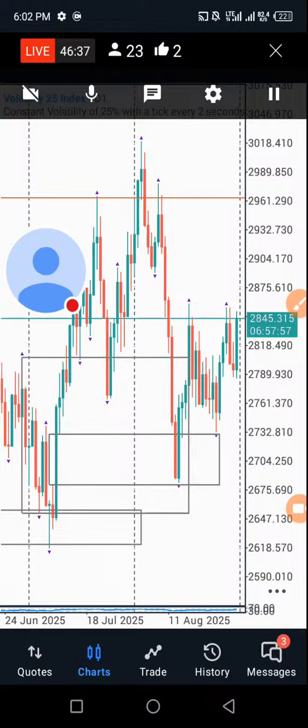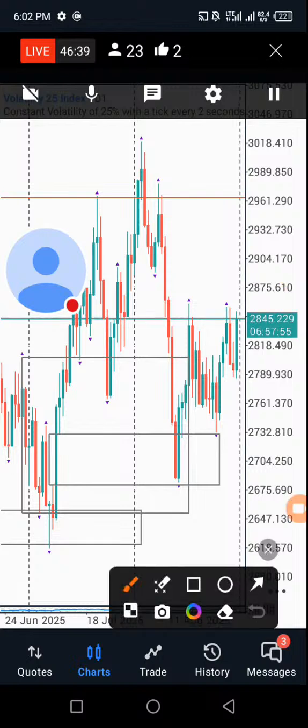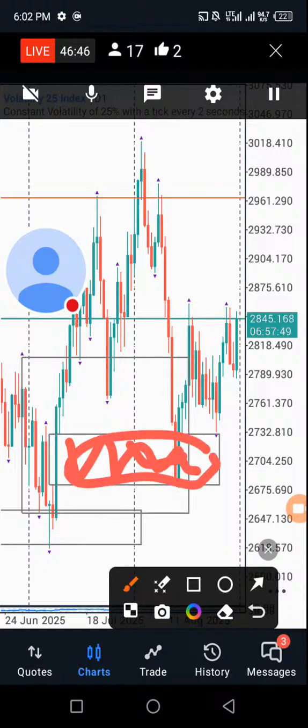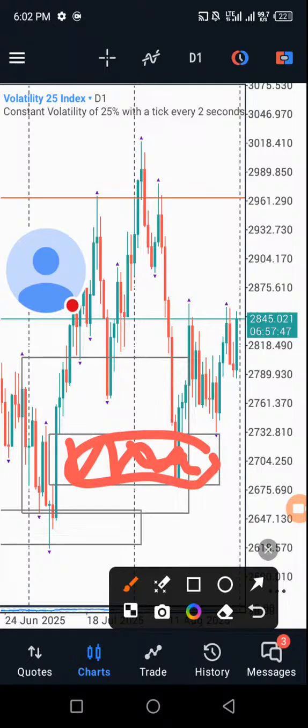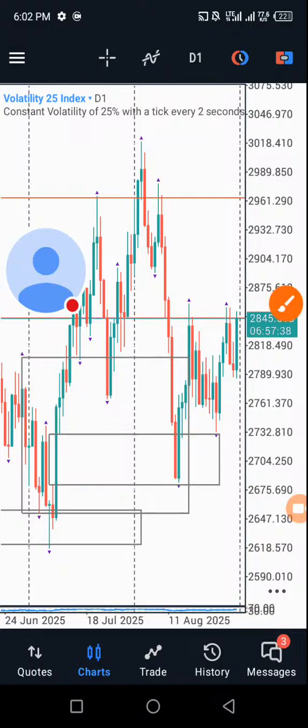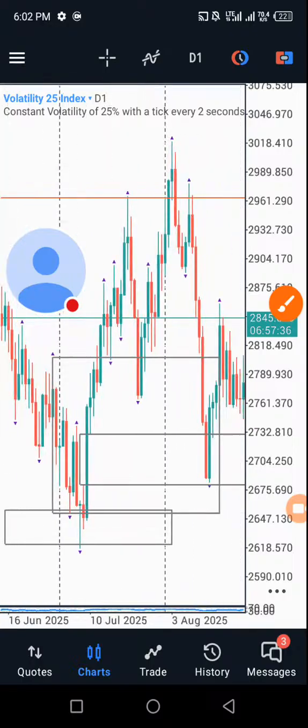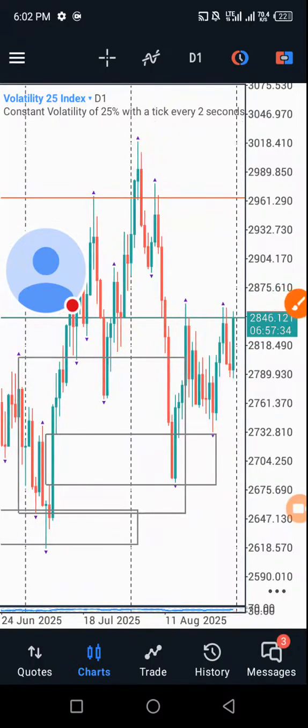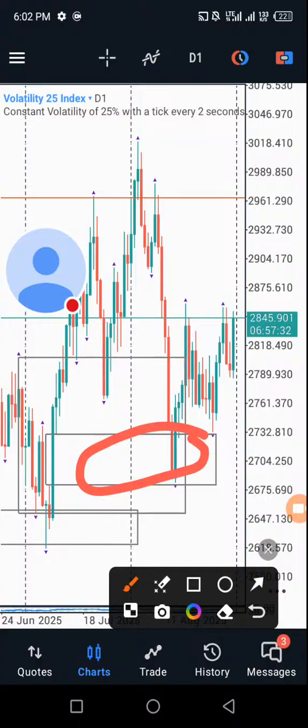Can you see that? Price came to fill the imbalance here. With that imbalance being filled, you can see the reaction on the daily time frame.